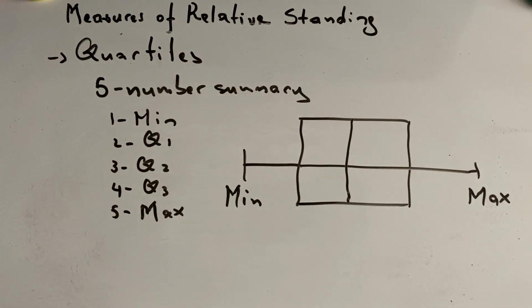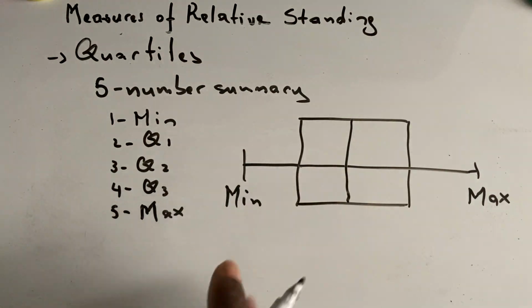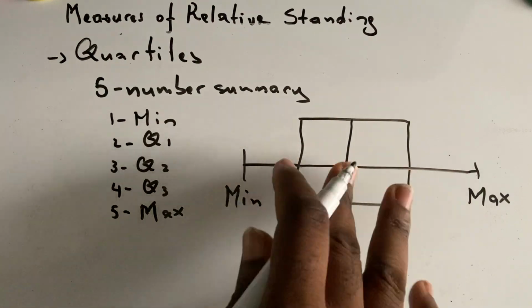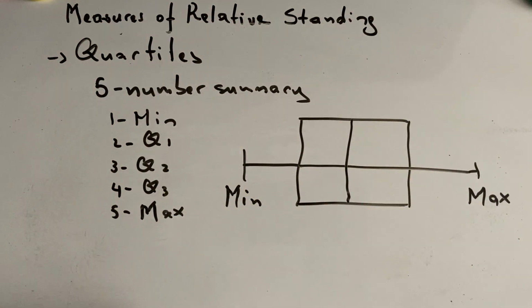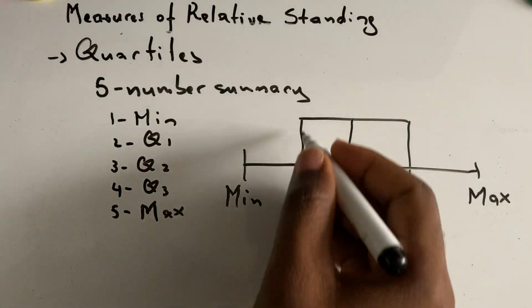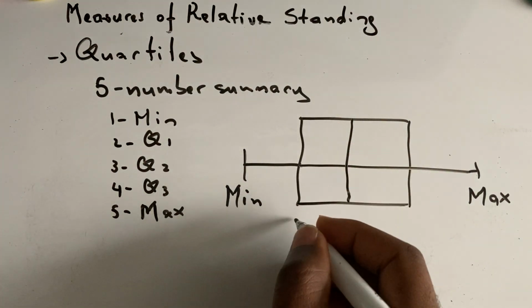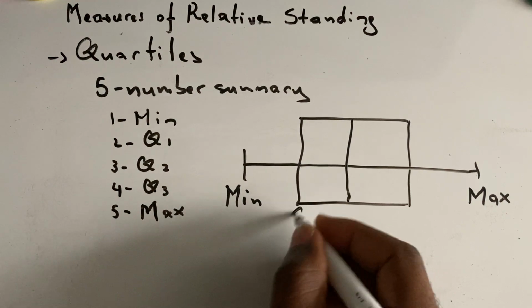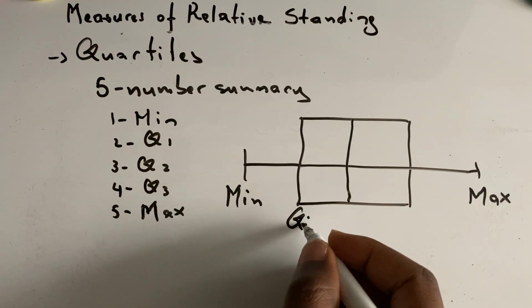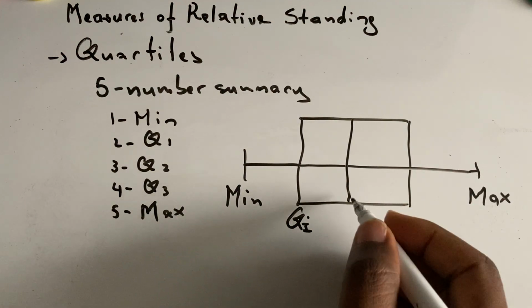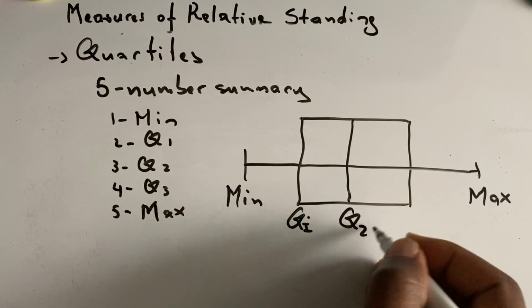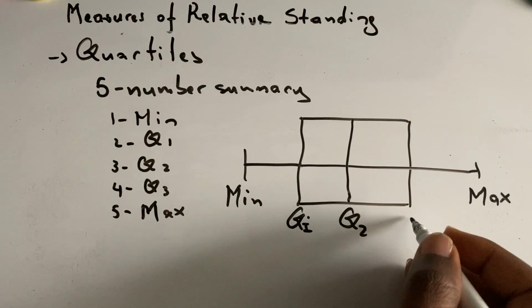Those are the two values, so you can already make that line segment. Then the first vertical line you have here is at Q1. Once you know Q1, you can put it there. The second one is at Q2, and the third one here is at Q3.